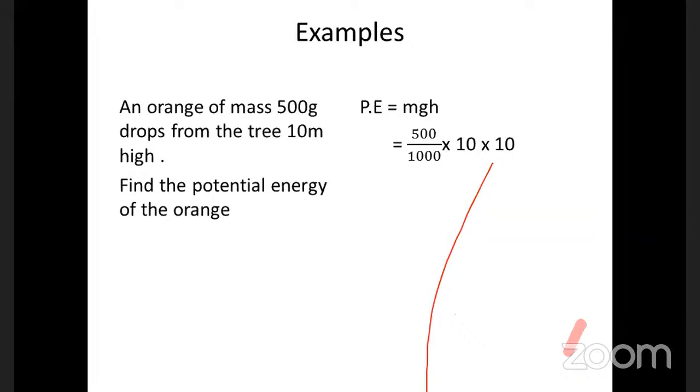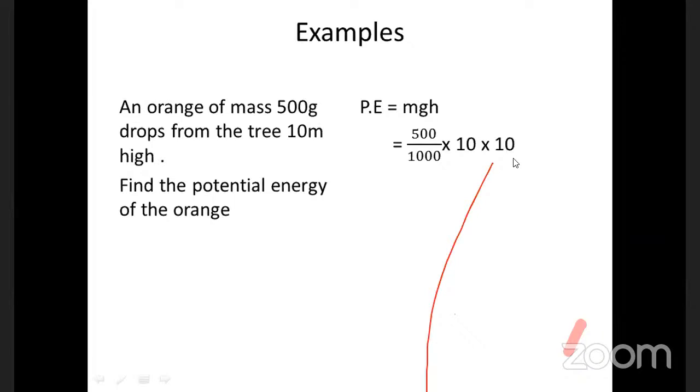So that is why we are dividing 500 grams by 1,000, because we are converting a smaller unit to a bigger unit, so we shall be dividing. Then the 10 that you see right here is the value of acceleration due to gravity. Then this other one is the height through which the orange drops.